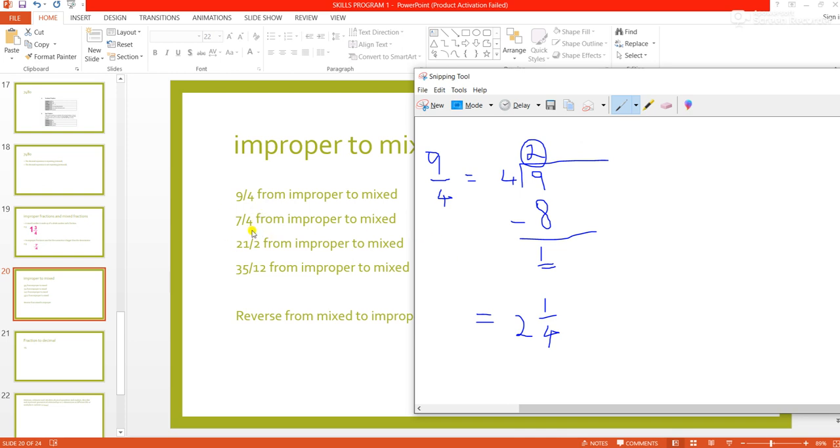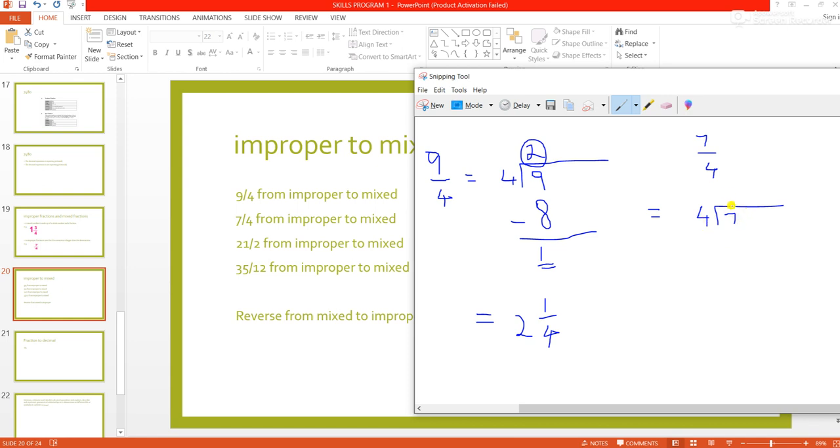So let's do another example also. We have 7 over 4. So we're going to use long division. We've got 4, with 7 inside. How many times does 4 get into 7?